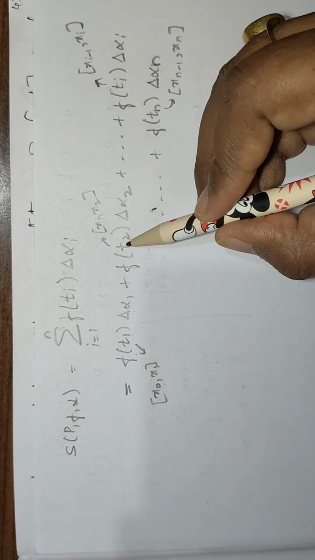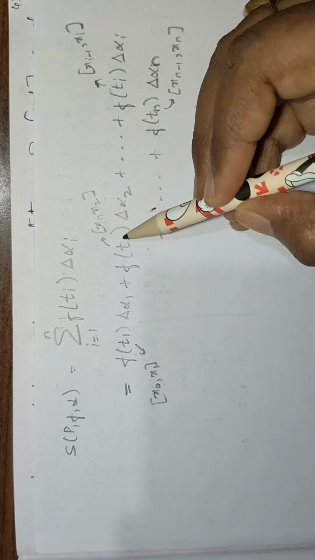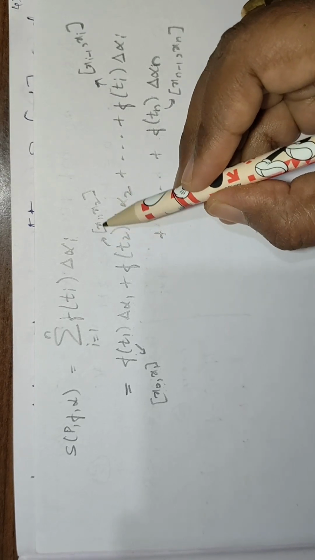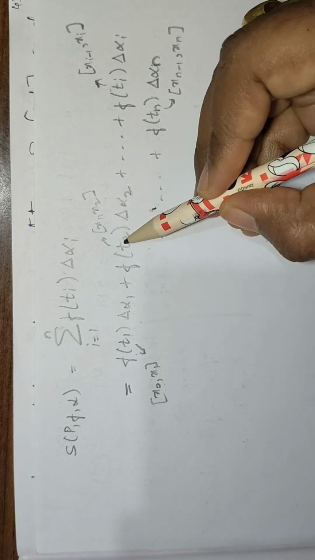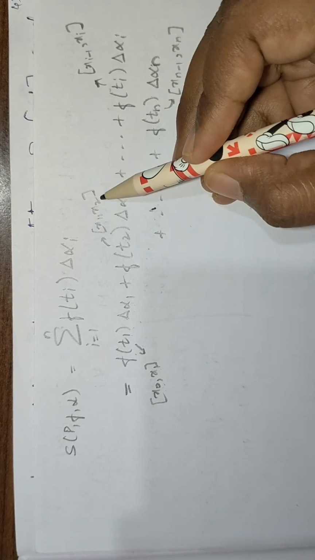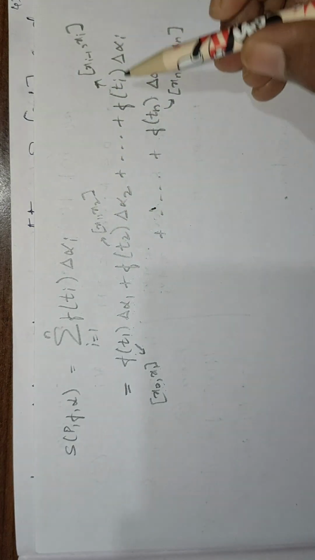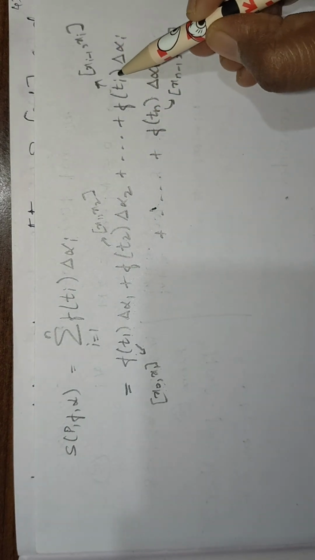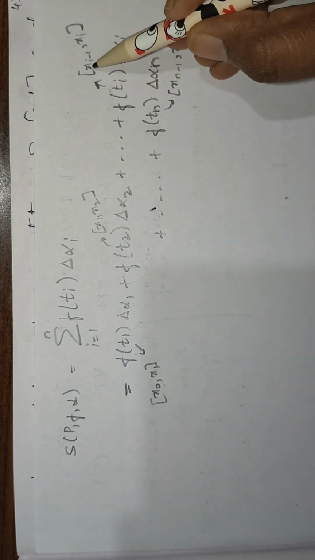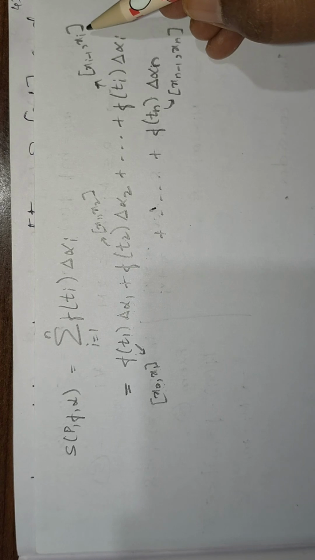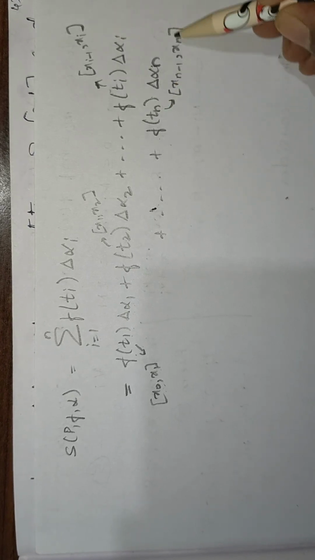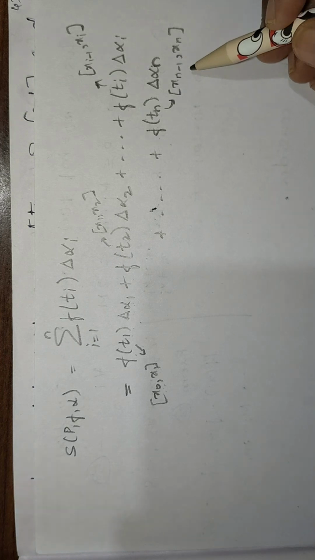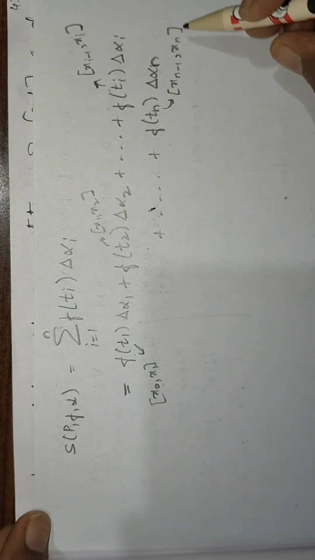And plus f(t2), where t2 belongs to the subinterval [x1, x2] and is an arbitrary point in it. Here ti is any point in the subinterval [x_{i-1}, x_i]. Similarly, tn is any point from the subinterval [x_{n-1}, x_n].